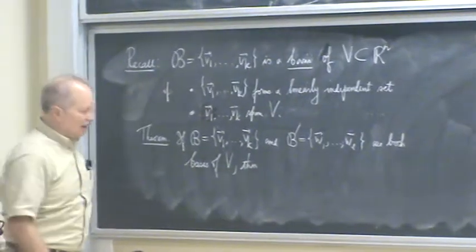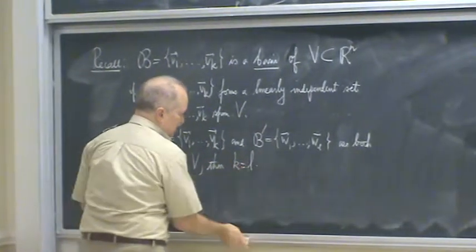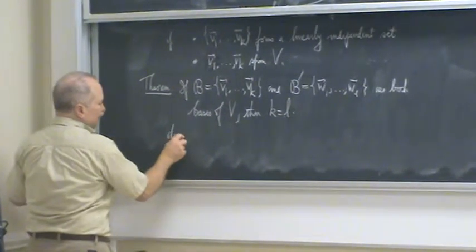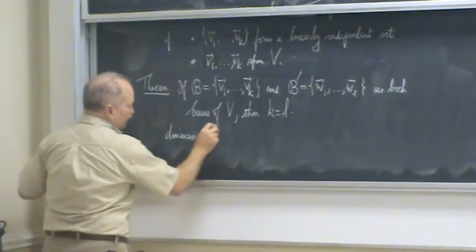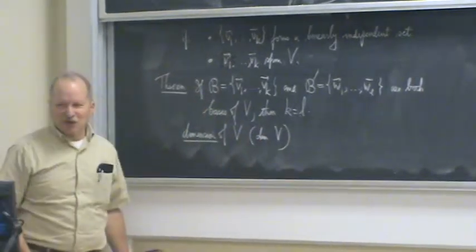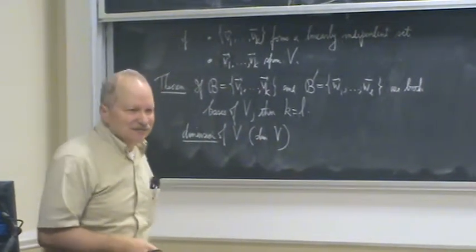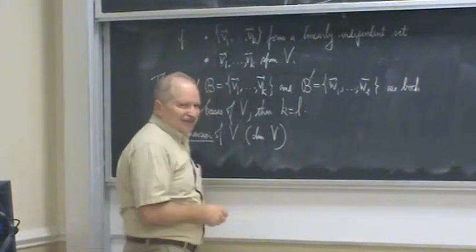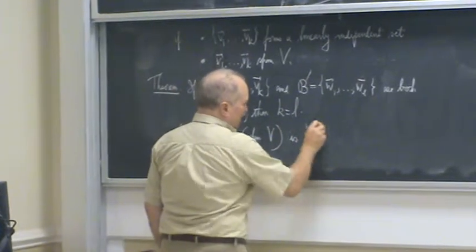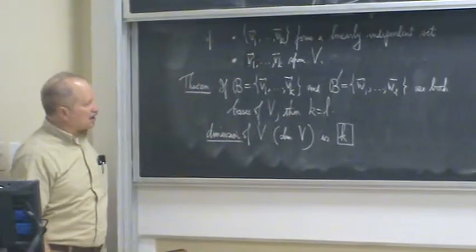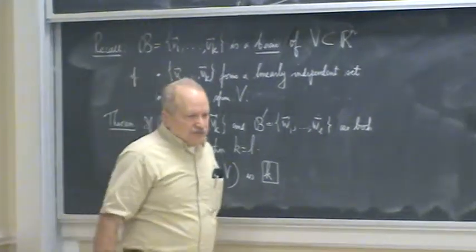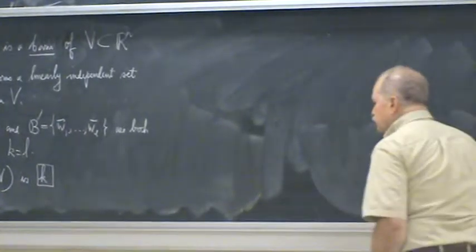K equals L. And then what we said at the end of that is the dimension of V, written dim, which will open the door for all sorts of bad humor, is the number of vectors in any basis for V, or any basis of V, is called its dimension.